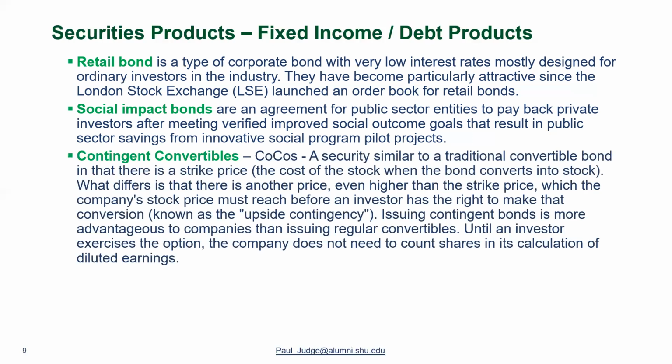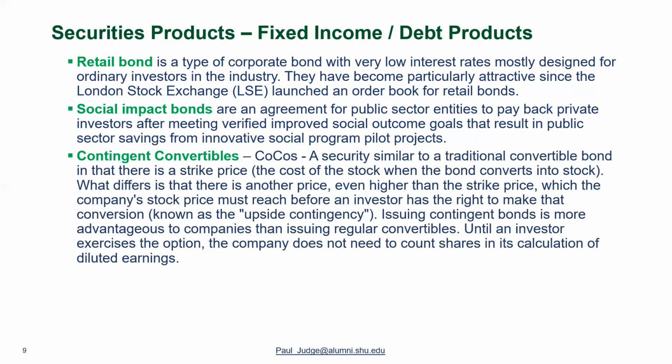Contingent convertible. This kind of ties back to what we were talking about earlier about convertible bonds. In a convertible bond, you have a bond that can convert for the investor to shares of stock in a corporation, let's say. But contingent convertibles, which are also called COCOs, are very similar, but in their case, they only convert if some index, some item is reached, right?